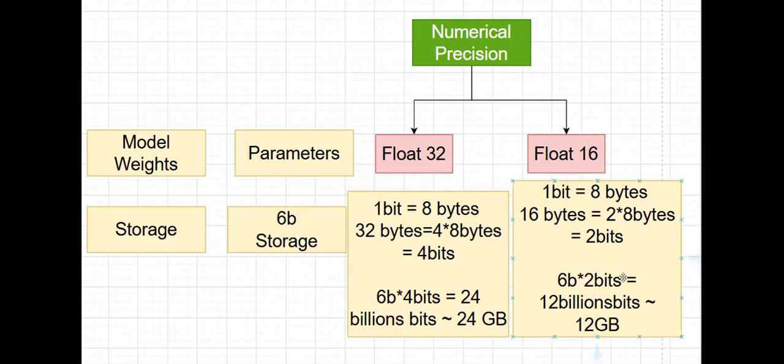That means we are saving half of the storage if we use float 16 compared to float 32.